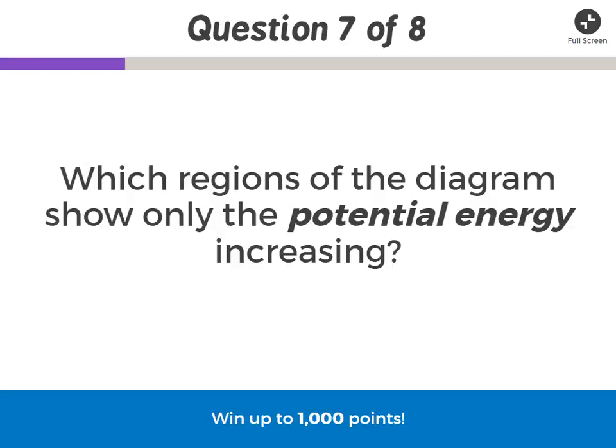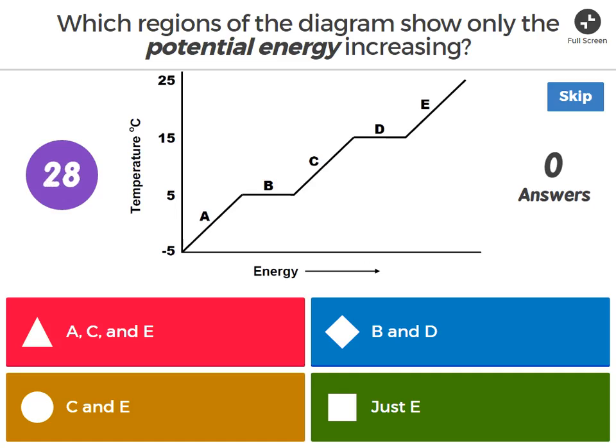Which regions of the diagram show only the potential energy increasing, not the kinetic energy?